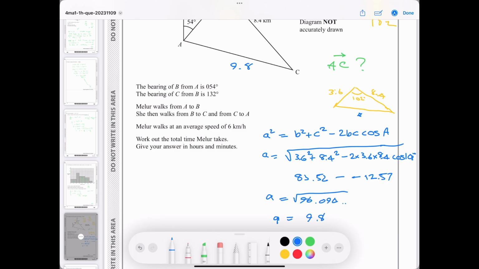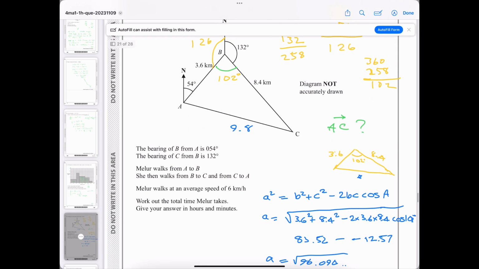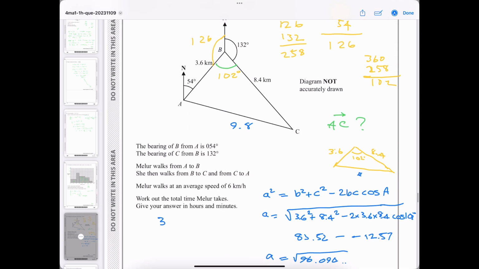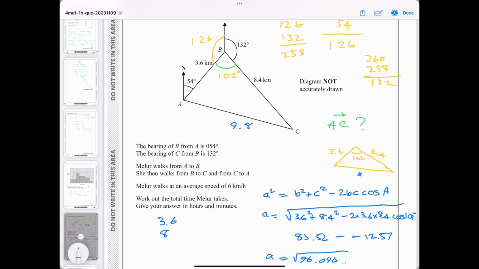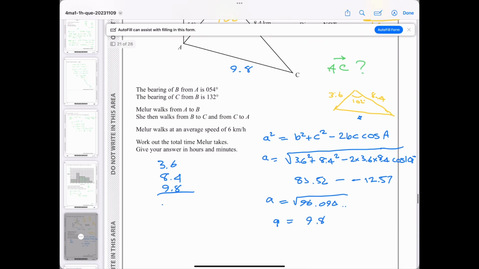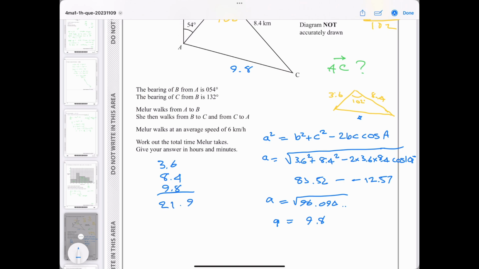So our total perimeter of ABC is going to be, that'd be really helpful if I could actually see the top, 3.6 plus 8.4 plus 9.8, which equals 21.8. So she's working at an average speed of 6 kilometers per hour.